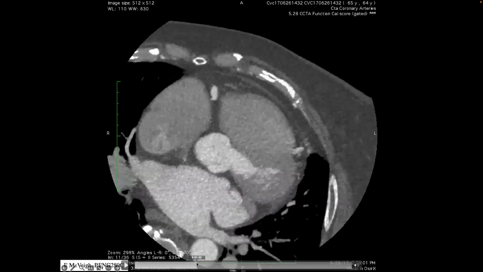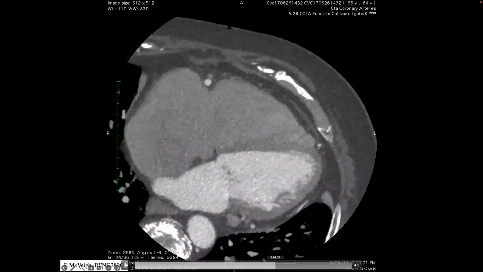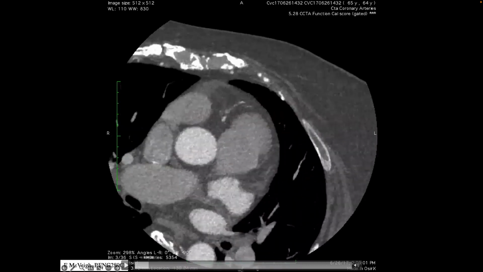And then we look up here, same thing. You have these very detailed little calcium bits here, little vessels coming off the main vessel. So when everything works out, it's a pretty special picture.